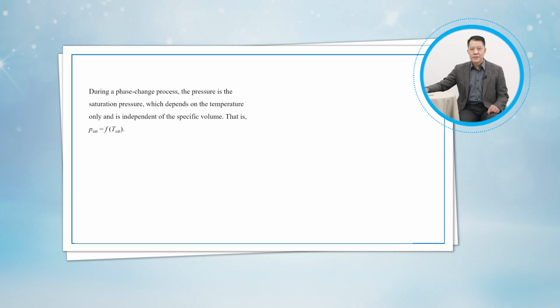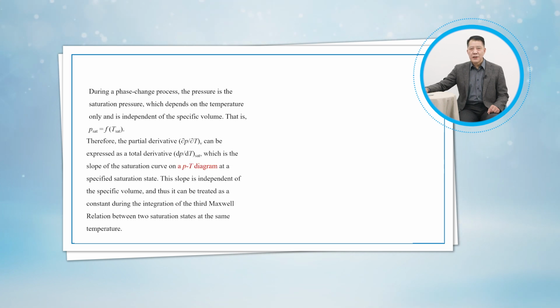Therefore, the partial derivative can be expressed as a total derivative, which is the slope of the saturation curve on a PT diagram at a specified saturation state.